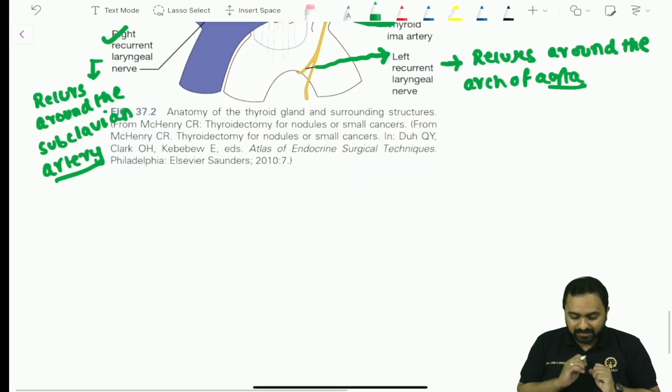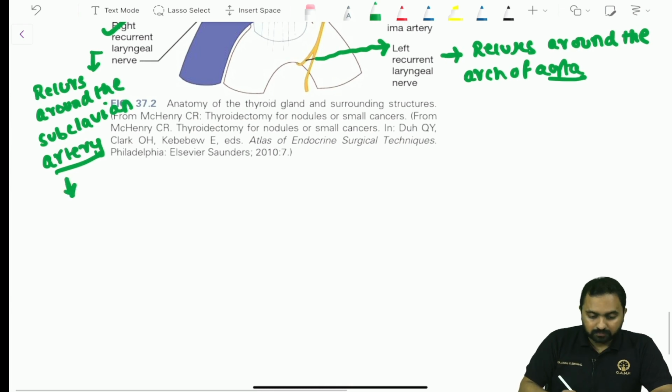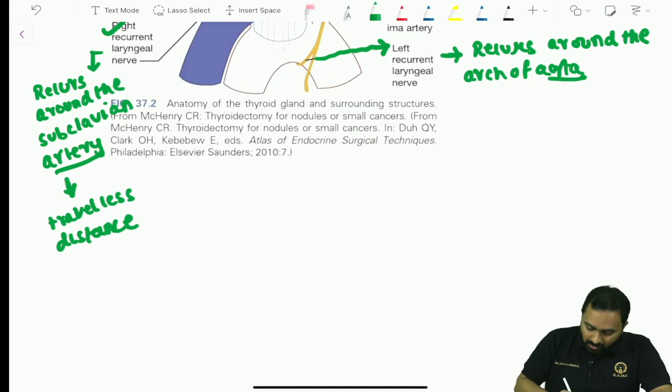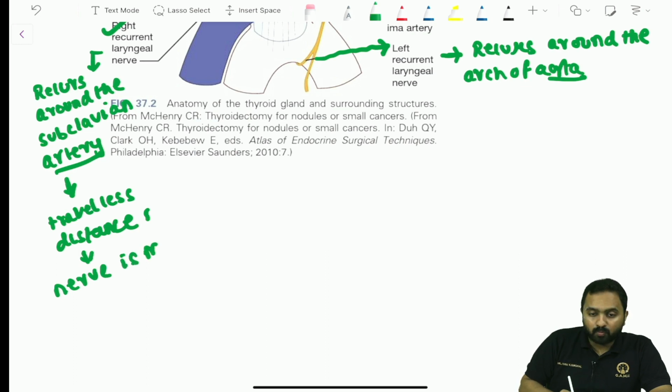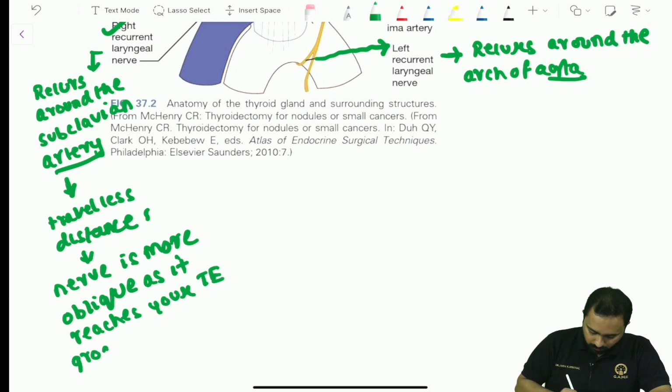So now what happens is that since the right recurrent laryngeal nerve is recurring around the subclavian artery, it has to travel less distance, as a result of which the nerve is more oblique as it reaches your tracheoesophageal groove.